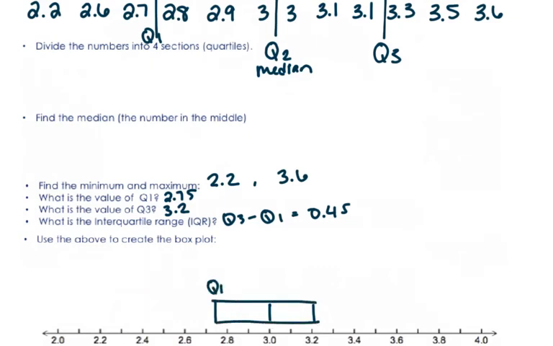So Q1 is always here, Q2 is here, and Q3. And then your whiskers are your min, down here, and your max. And your max was at 3.6. So that's just a little review on how to do box and whiskers. You're looking at 5 data points, and that's how you find them.